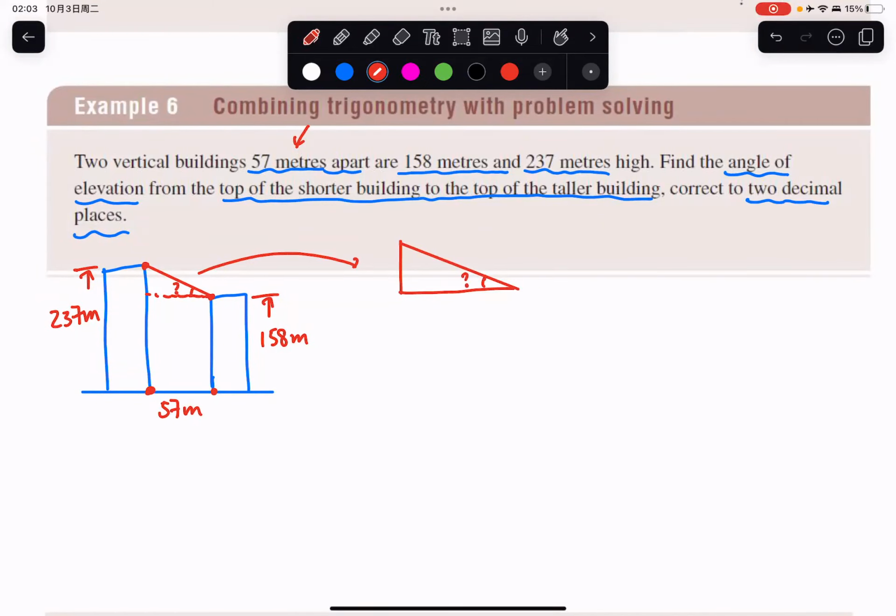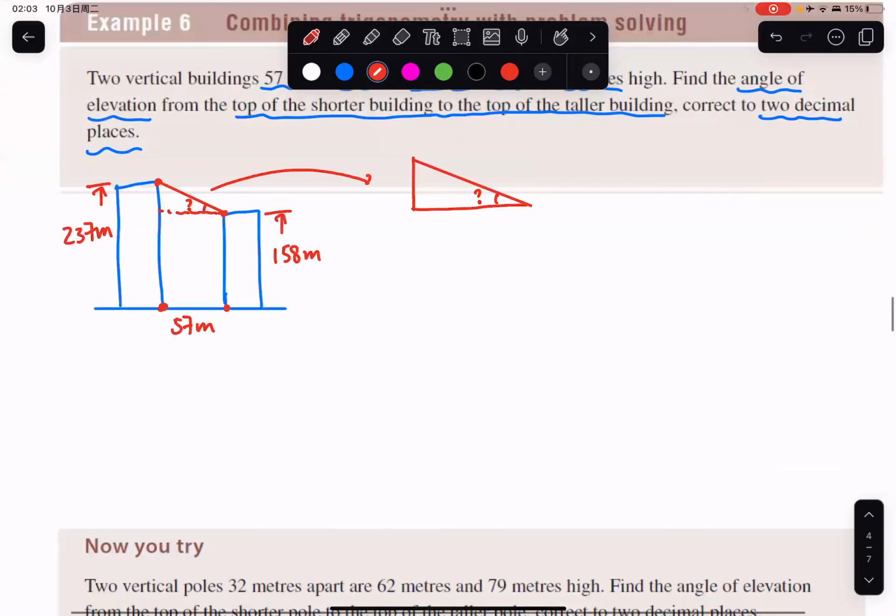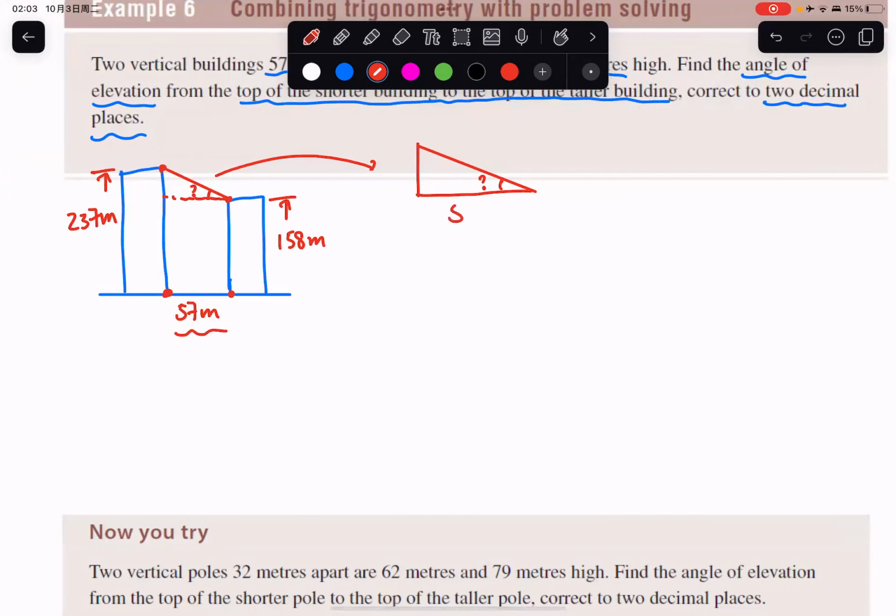All right, now let's have a look. What do I know? Do I know the hypotenuse, or do I know the opposite or adjacent? We need to put all the information into the triangle, and then we can use the trigonometric ratio to solve it. First, we know 57 meters, which is the base.